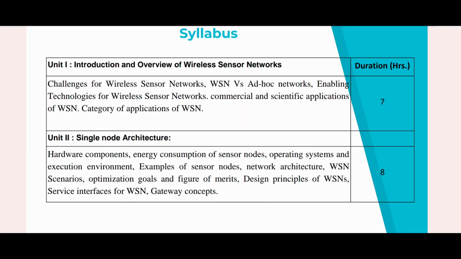What can be the different types of operating systems installed in each node? What can be the examples of sensor nodes based on the application? How these nodes are placed to form a network architecture, and based on that their optimization goals as well as the figure of merit can be calculated. So that deals with the applications of WSN.